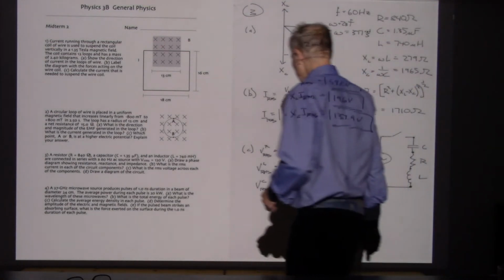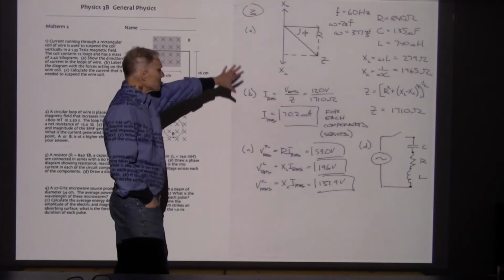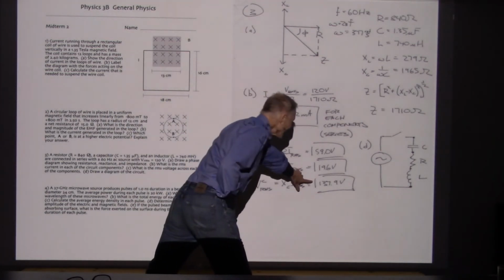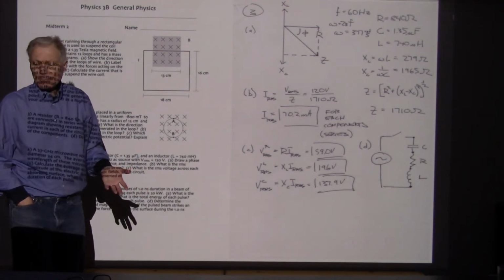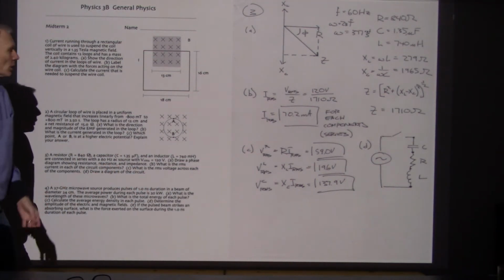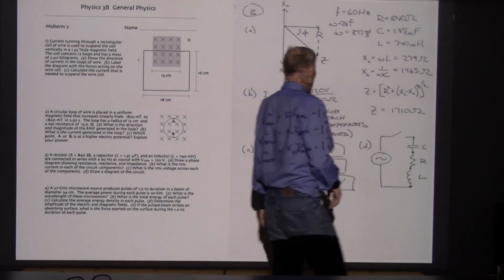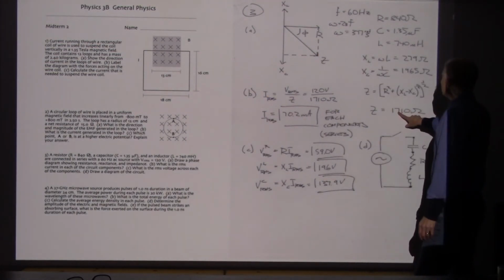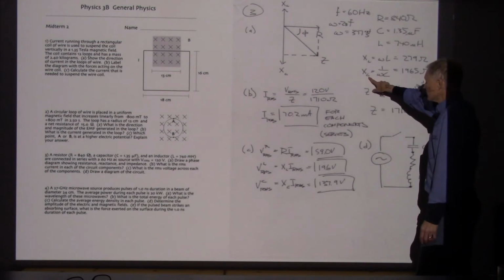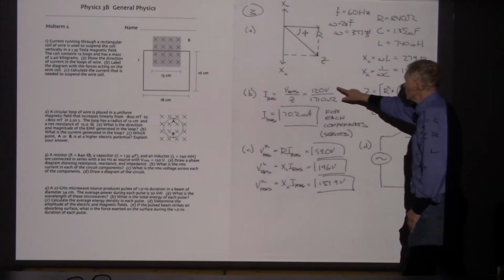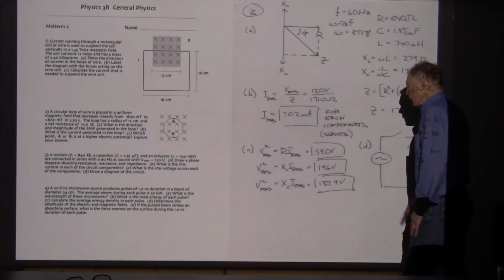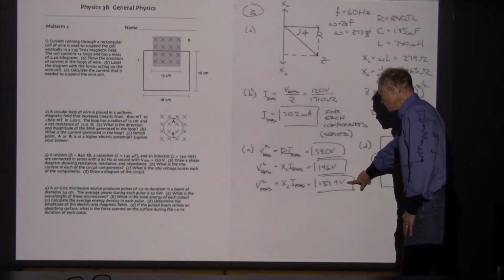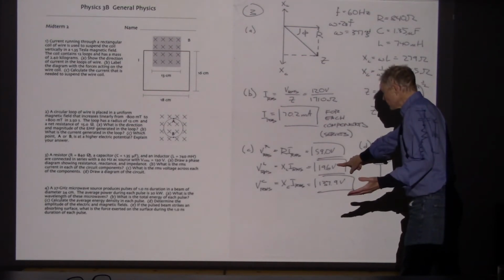So, just like we saw with resistances, I can't just add these all together and expect to get the total voltage across the entire circuit. Just in the same way that Z was less than XC, the total voltage, 120 volts, is going to be less than the voltage across the capacitor. Some of the voltage across the capacitor is being canceled due to the voltage across the inductor.